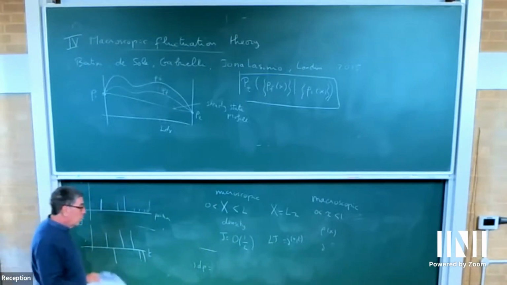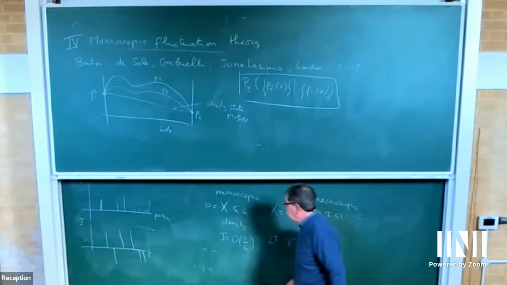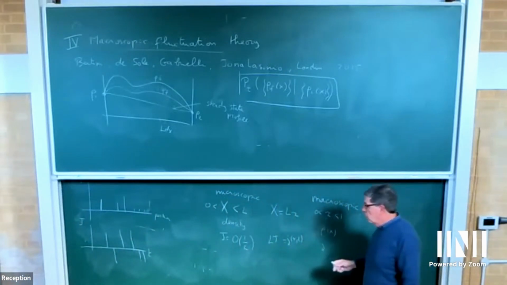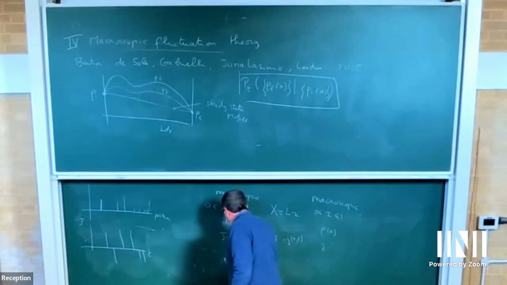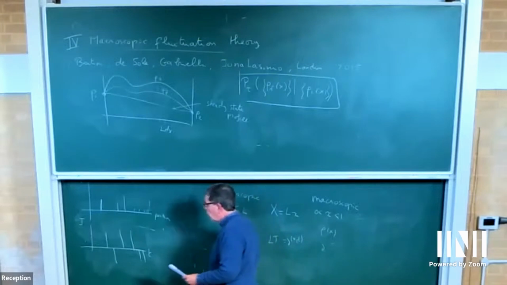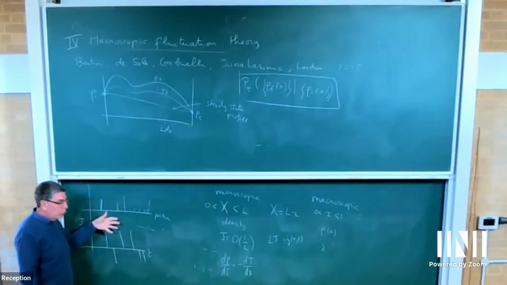Okay? And now, this is very important, the number of particles is conserved. So at this level, you have ∂ρ/∂t equals minus ∂j/∂x. That's true even if you have this wild behavior.